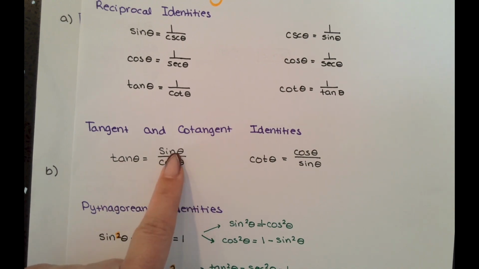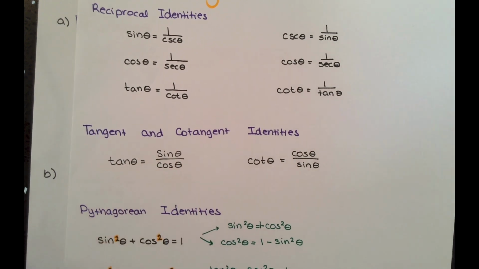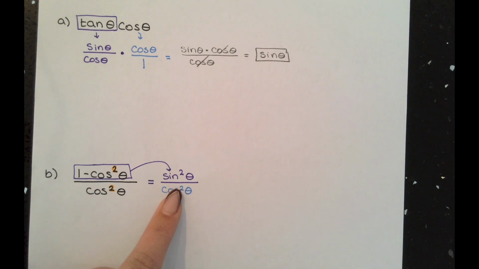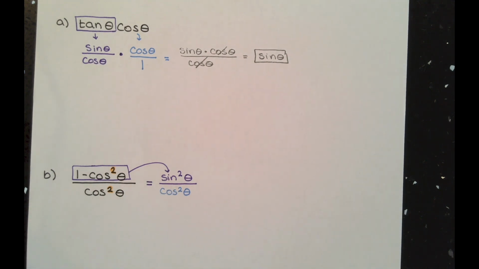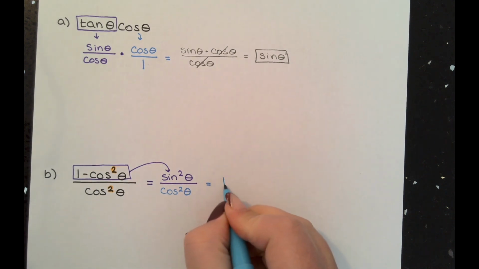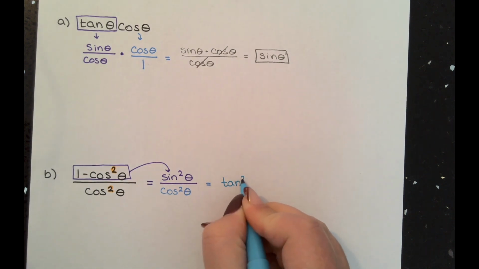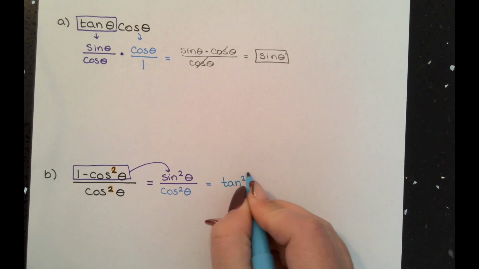Tangent is sine over cosine, but I have it squared. You know what? That's actually okay. Because I have sine over cosine, and both of them are squared, if it was only one that was squared, it wouldn't work. Because both of them are squared, I can actually rewrite it as tangent squared of theta.